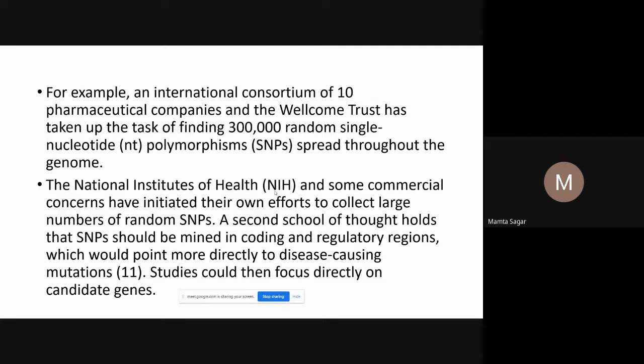So what is SNP? Single nucleotide polymorphism. You already knew about this because previously we have also discussed the single nucleotide polymorphism. There is a single mutation, and you can remember the case of sickle cell anemia. In sickle cell anemia, there is only a single mutation that is responsible for the production of the sickle shaped RBCs.